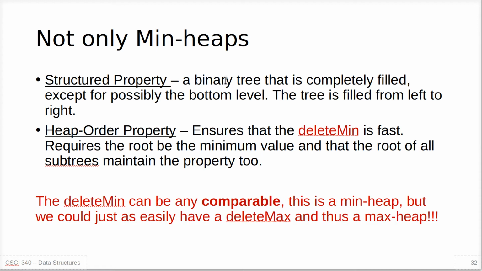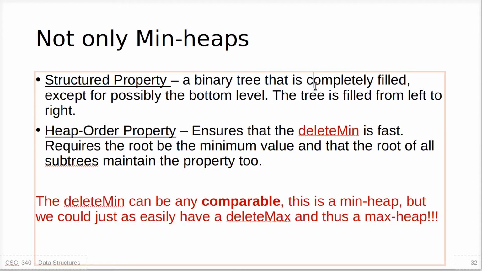So what do we know so far? The structured property of a min heap or a max heap is that you've got a binary tree that's completely filled or almost complete, okay? The order property is such that it ensures that the smallest key can be accessed as quickly as possible.